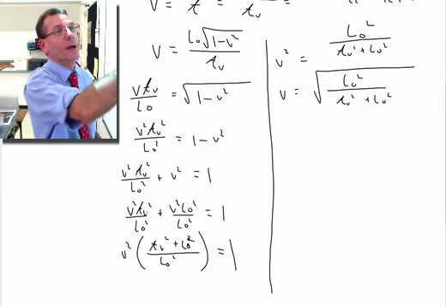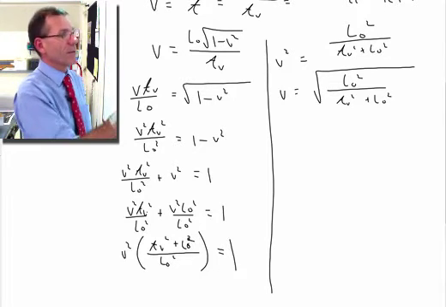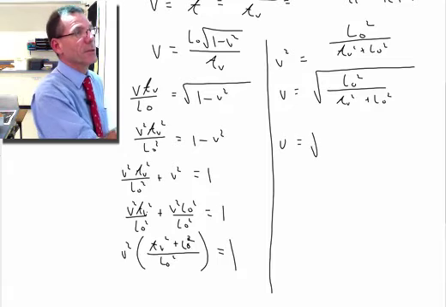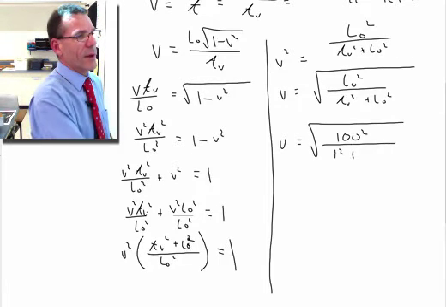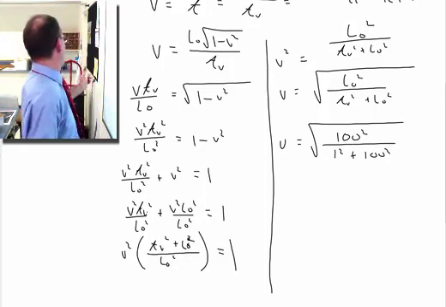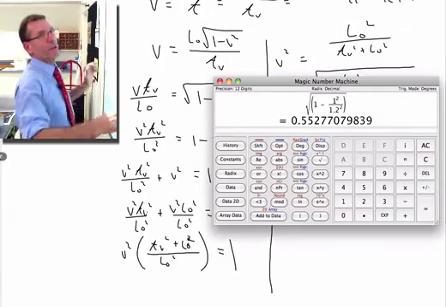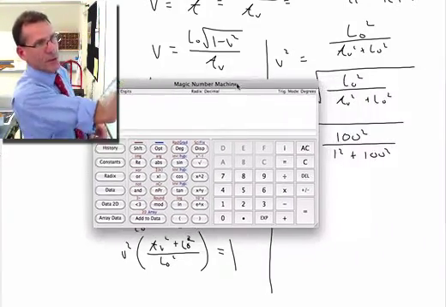We simply have to put in our values for everything and substitute. So that's going to be the square root of 100 squared on 1 squared plus 100 squared. Let's grab our faithful calculator out here. So what do we have?